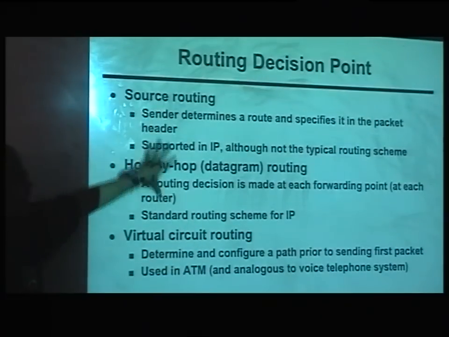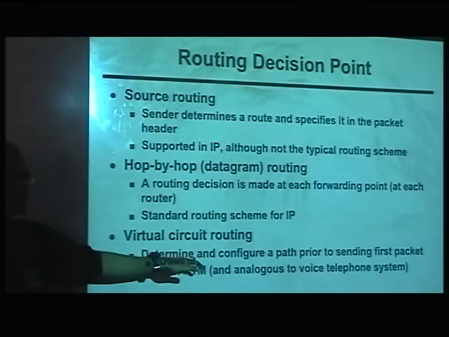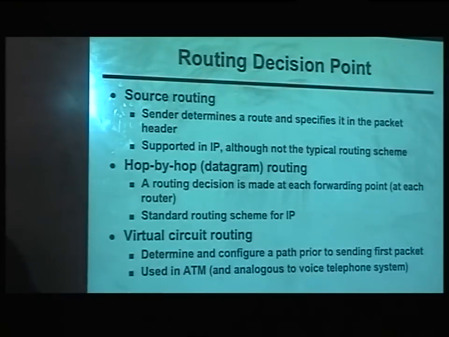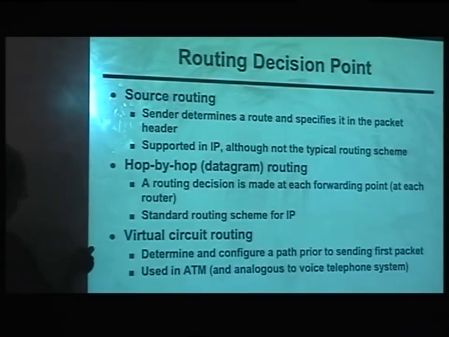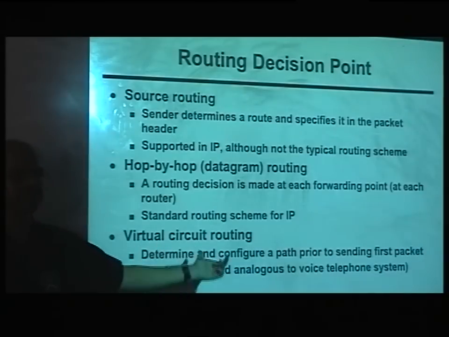The internet finally selected these two, and this is prevalently used. There's one version of this thing that is still in use. It's called VPN. So VPN technology, virtual private networks, still uses something which is like virtual circuit routing.